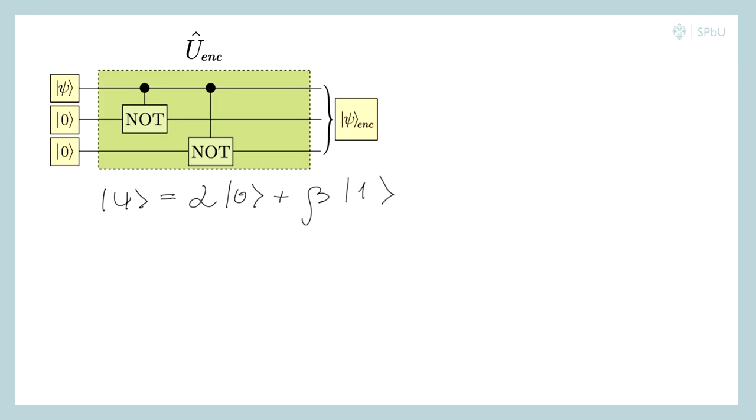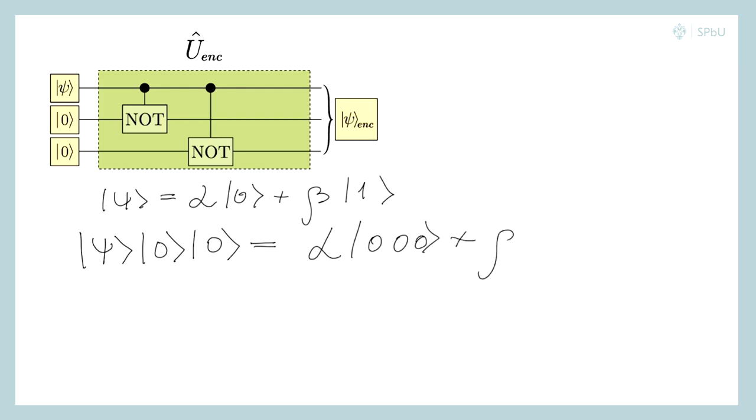So the total state of the whole system of 3 qubits is then psi multiplied by 0, 0. This can be written in the explicit form and equals alpha 0, 0, 0 plus beta 1, 0, 0.